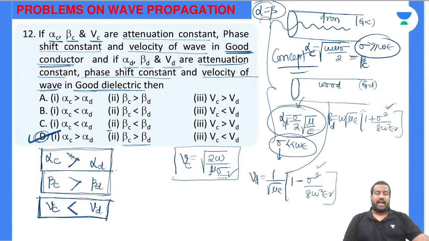Option D is the answer. Very, very important question. Why? Because there is no data. Is there any data given here? Nothing. Just a concept. But you should know all this concept that I have explained now. At the back of your mind, you should know all these formulas.